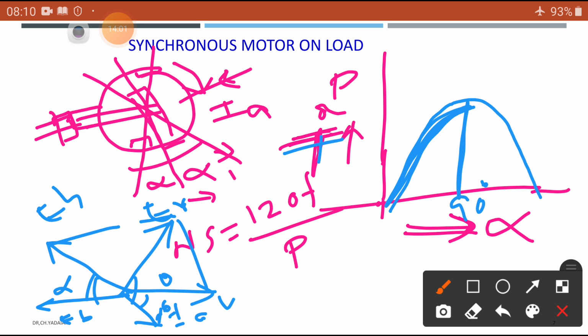So what is the formula? We know that the torque is T equals P by omega, the angular velocity. What is the power?